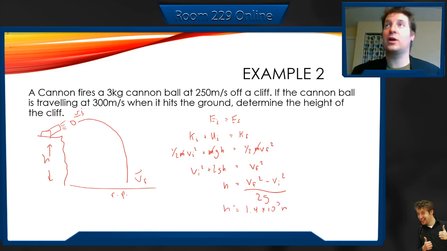It's a 1.4 kilometer high cliff. So again, same idea. We have an initial mechanical energy that has to be equal to the final kinetic energy. We're just using energy conservation, and we end up with an expression that tells us its height for that energy conservation idea.